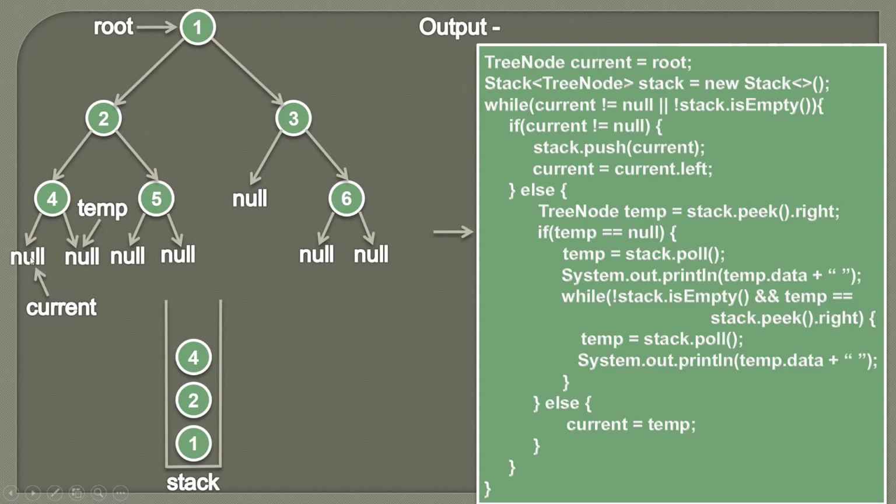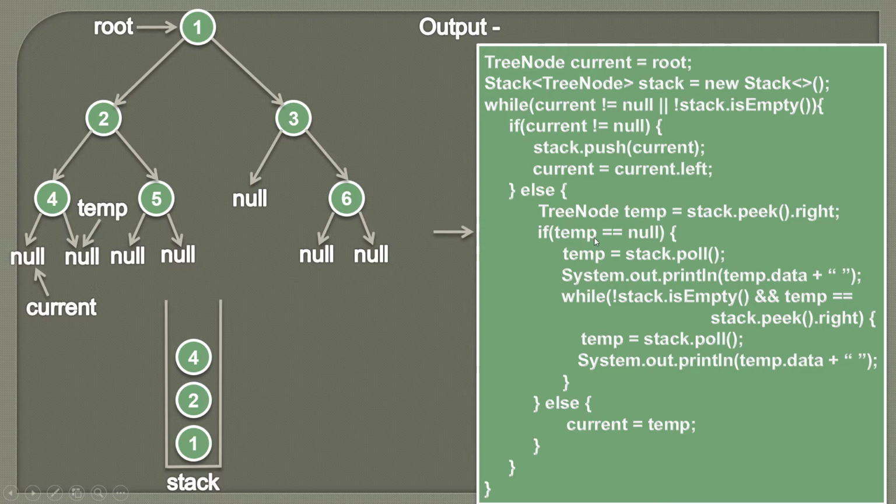As current is pointing to null, this can be any left or right child of a node. And we also know that this node will be already present on the stack. And if we want to know whether we are on the left side or on the right side, we simply go to this node and go to its right. So here the temporary variable is doing that for us.